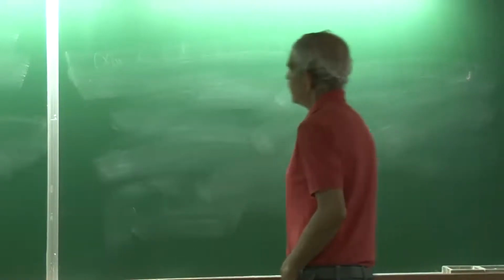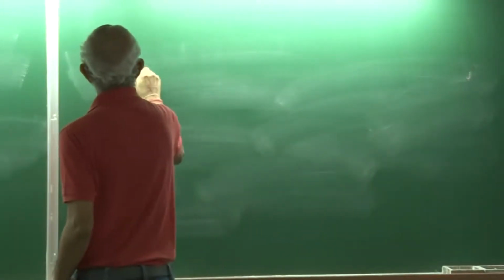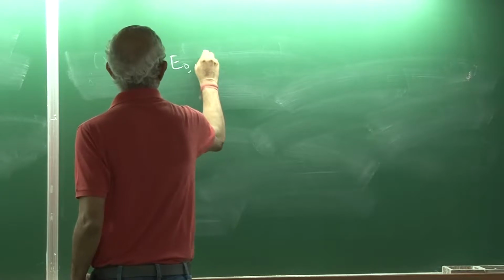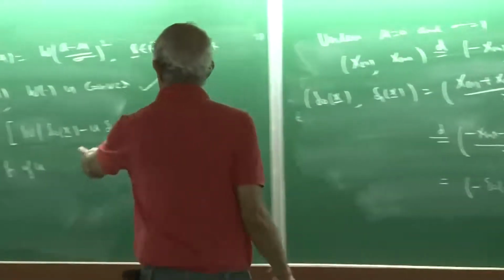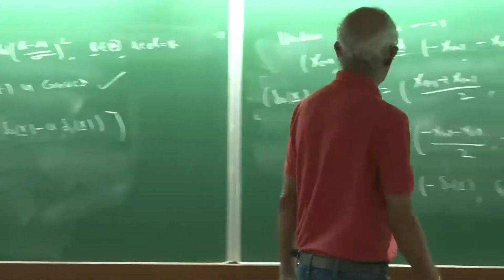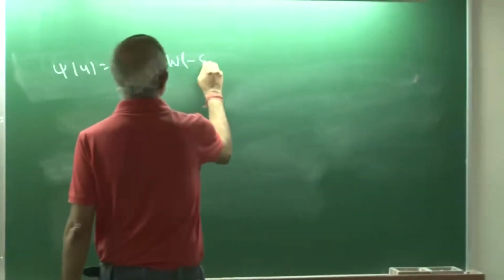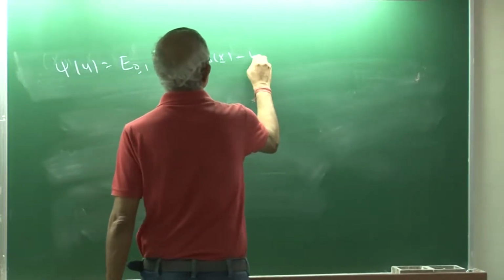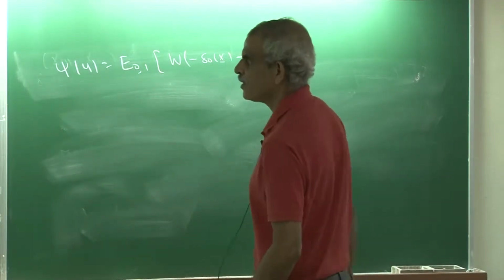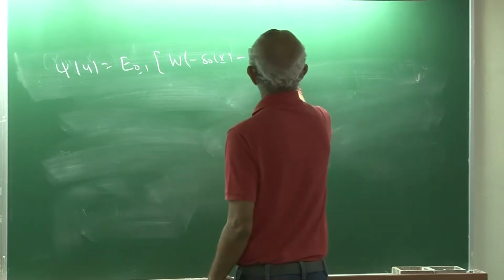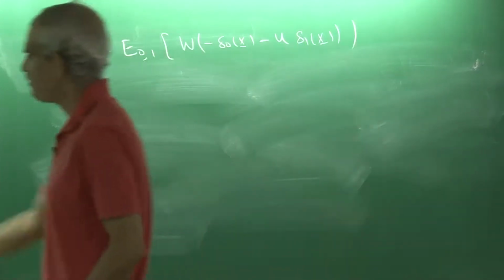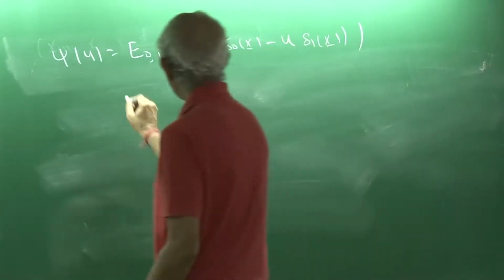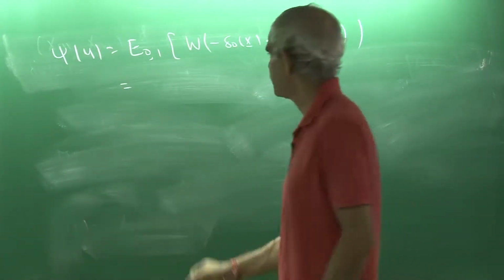So that means my psi of u would be same as E of W of minus delta naught x minus u times delta 1x, because they have the same distribution. But W of t is same as W of minus t.